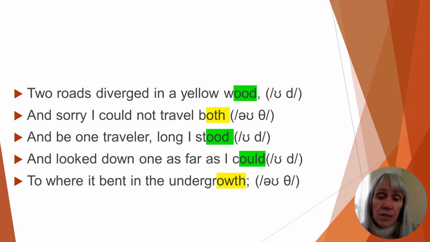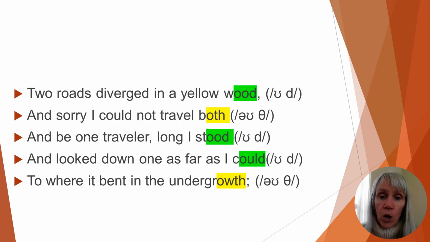Okay. As you can see, after the end of each line, not only do we have the highlighted rhymes, R-I-M-E-S, in the ending words, we also have the phonetic symbol for those sounds. The phonetic symbols you're seeing are just for the rhyme. They do not include the onset sounds, just the rhyme sounds, because we're focusing on rhyme, R-I-M-E, not R-H-Y-M-E. So we see ud in wood, and oath in both.